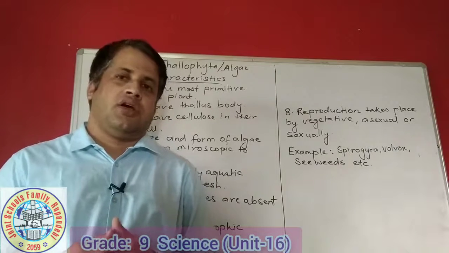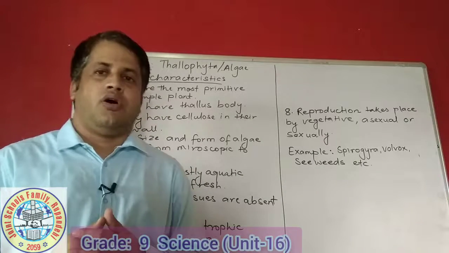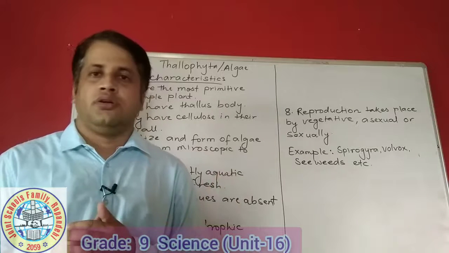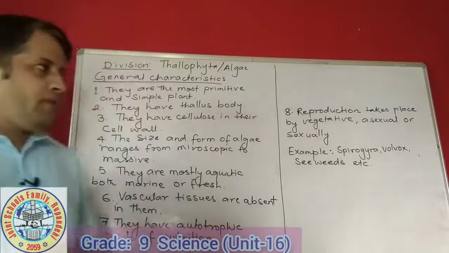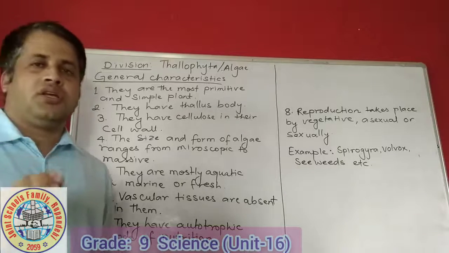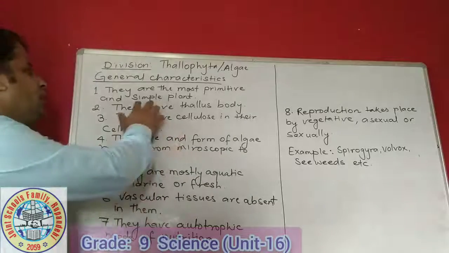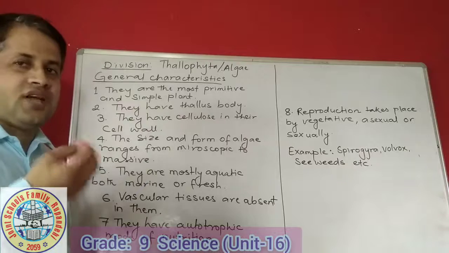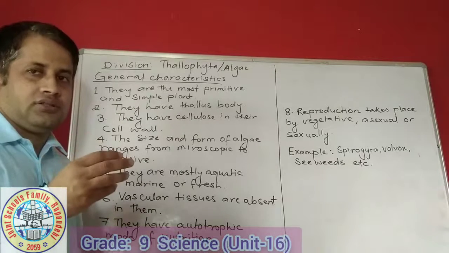Let's discuss the general characteristics of the organisms that belong to division Thallophyta or algae. Members of this group are mostly primitive, the oldest type of plant that came into existence on the earth.